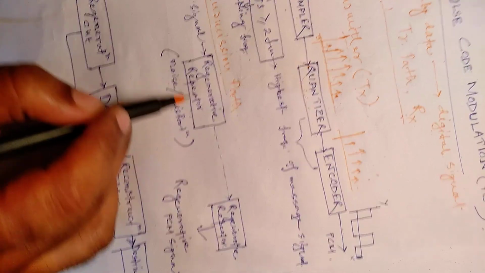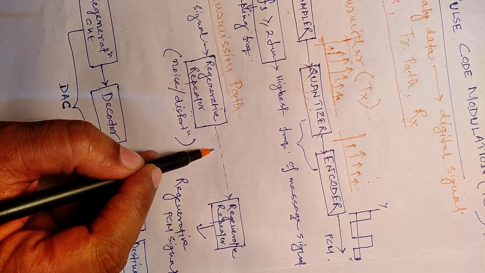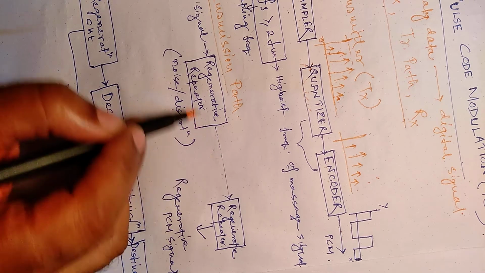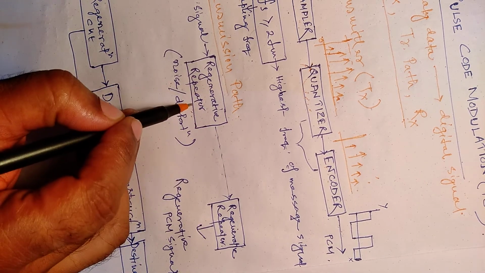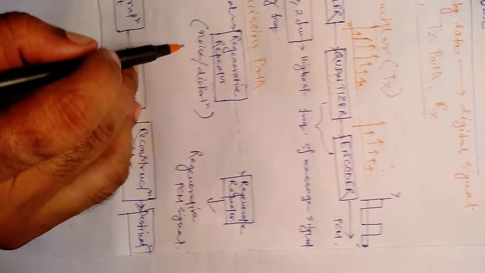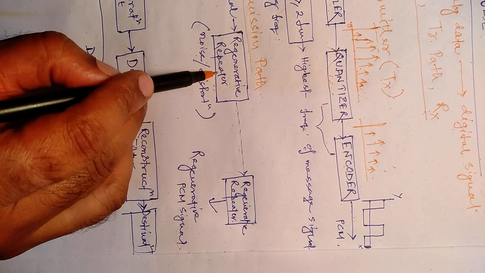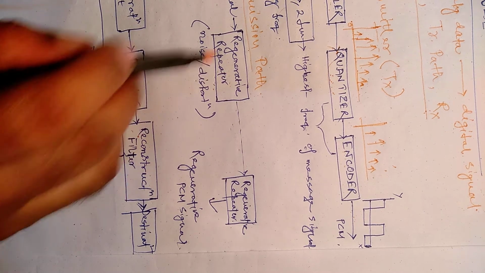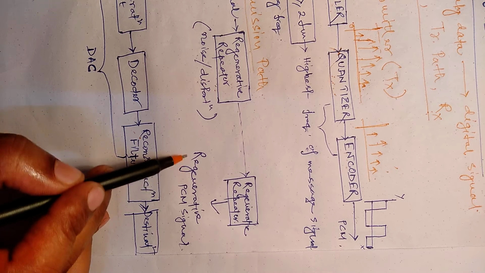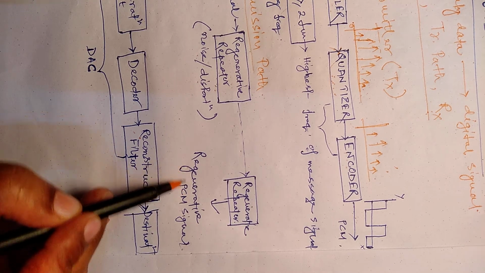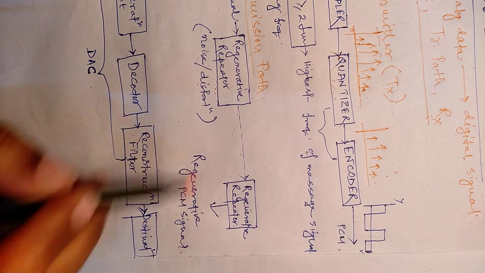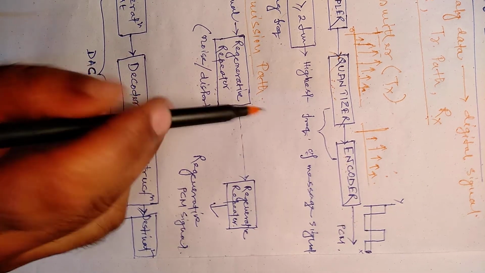So in our transmission path, at certain points, we have to use these regenerative repeaters. Clear? So this PCM signal goes through this regenerative repeater, and finally we get a regenerated PCM signal. So this is all about my transmission path.